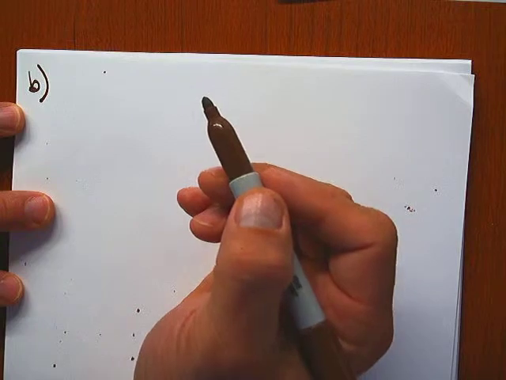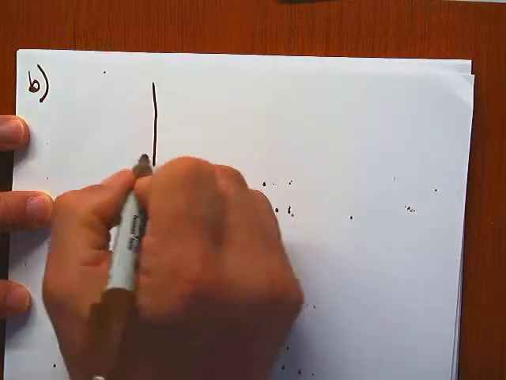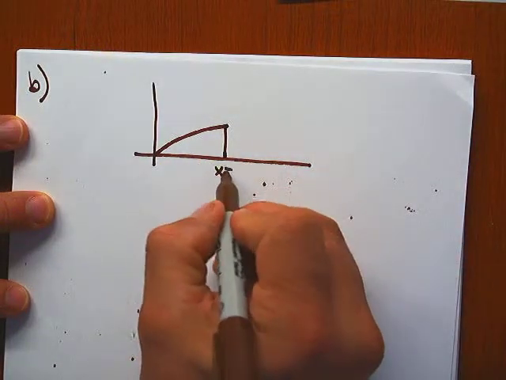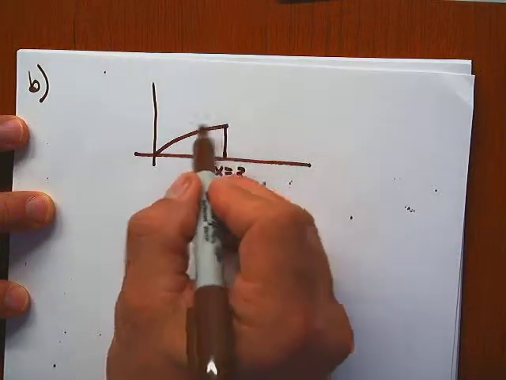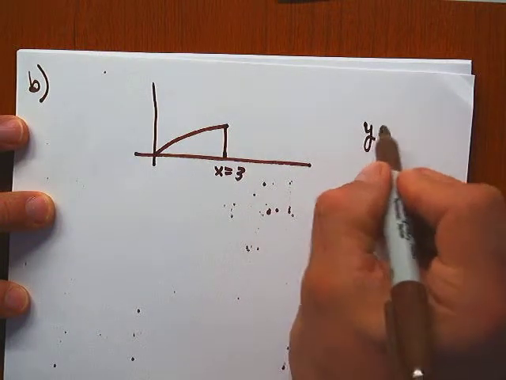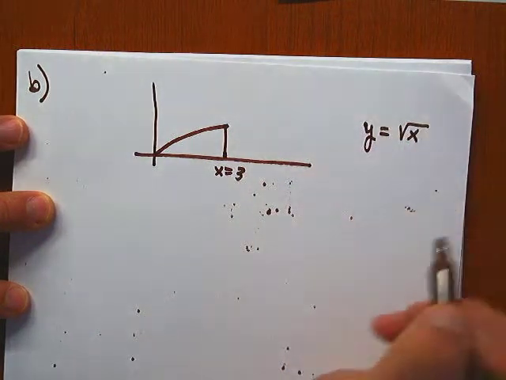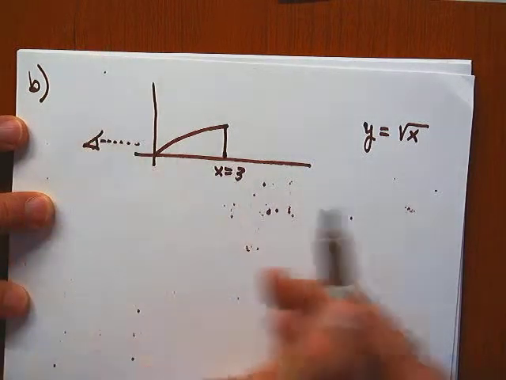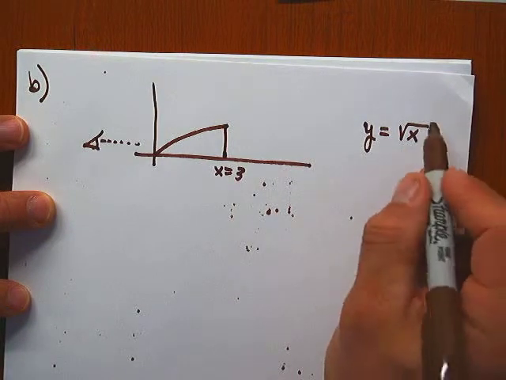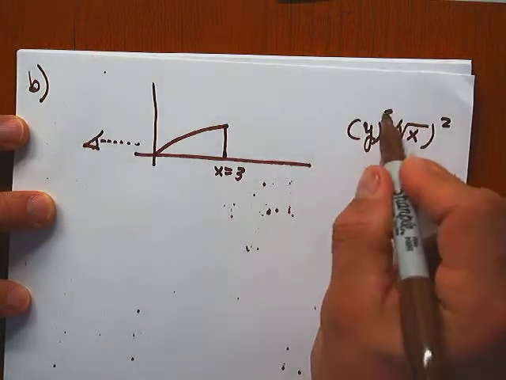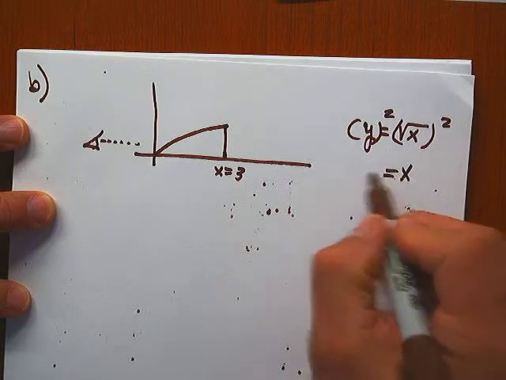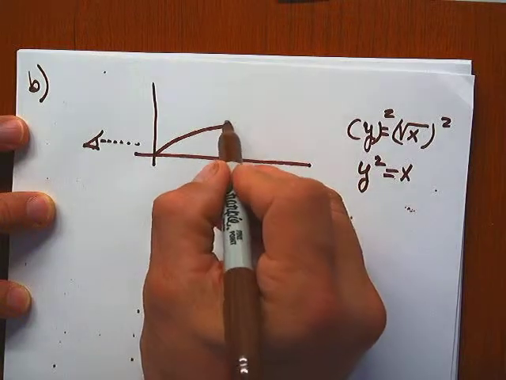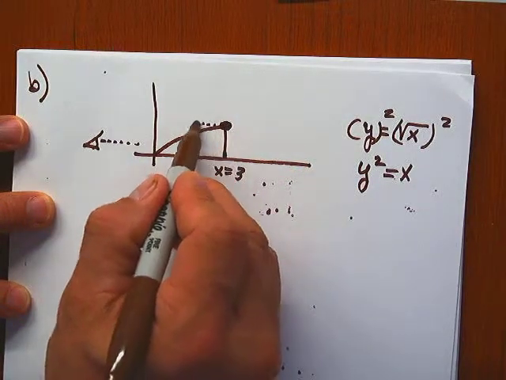Now, B, I'm going to take the same thing and revolve it around the y-axis. So I'm going to take the same function. We know this is x is equal to 3. We know this is y equal to the square root of x. So if I'm looking from this direction, I need to get it in terms of y, so square both sides, and that gives you x is equal to y squared.